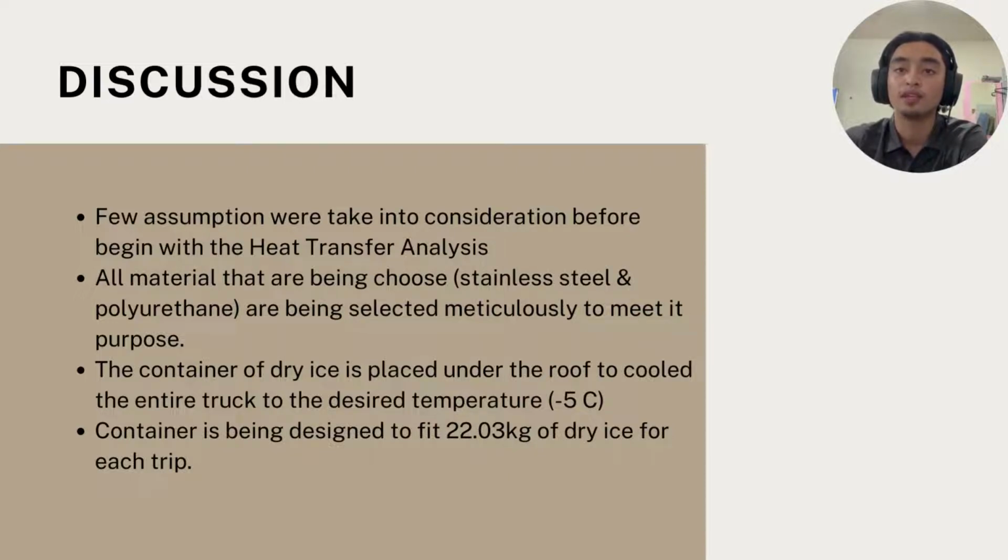As for polyurethane, it is known for its performance as an insulation. The container of dry ice is placed under the roof to cool the entire truck to the desired temperature, -5 degrees Celsius. And lastly, the container is being designed to fit 22.03 kg of dry ice for each trip, according to the analysis being made.